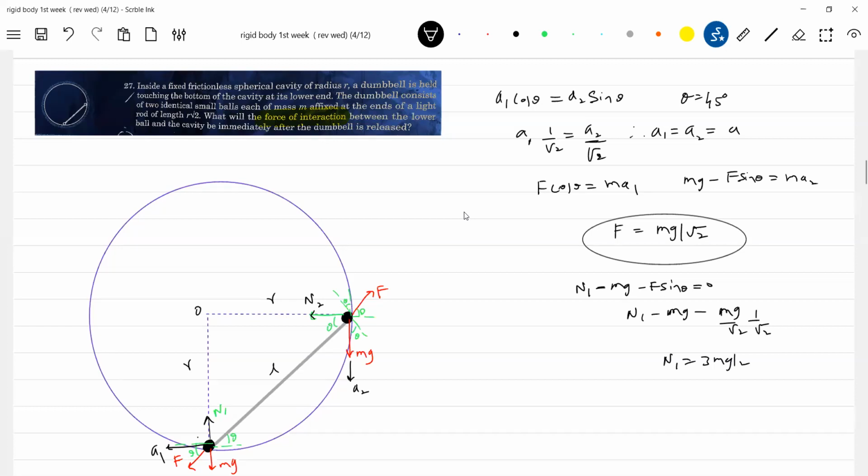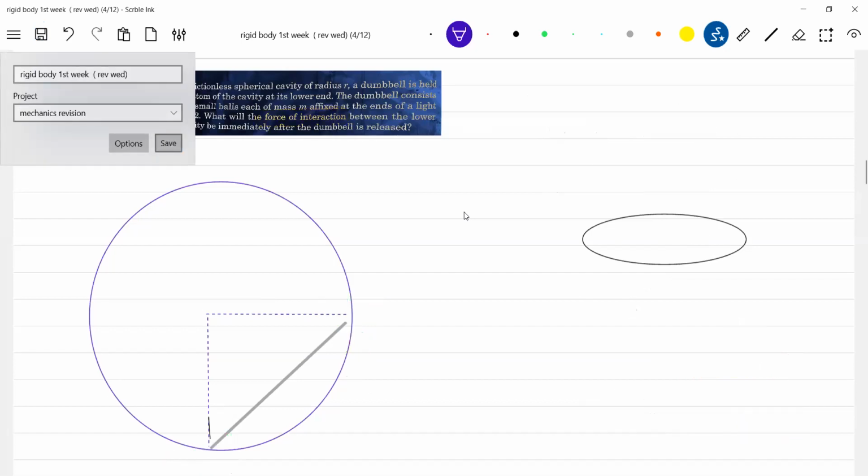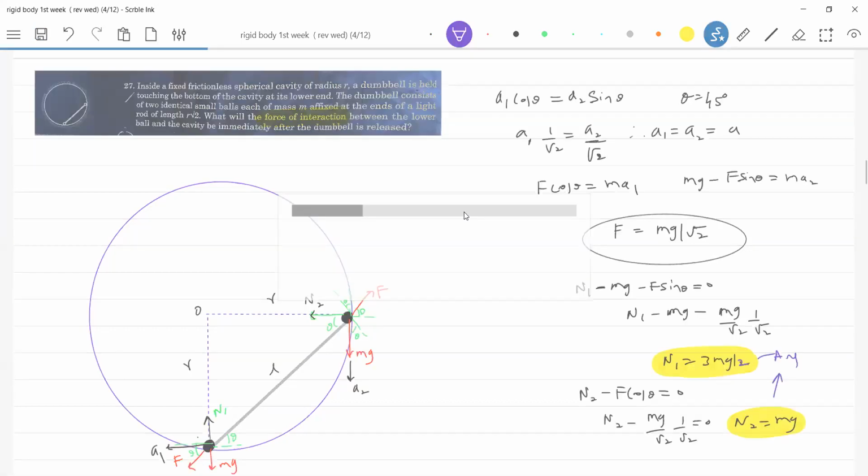Similarly, this is the force of interaction. mg by 2, sir. N2 is mg by 2. Yeah.